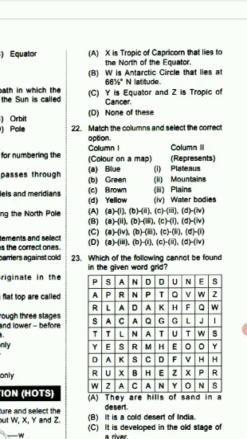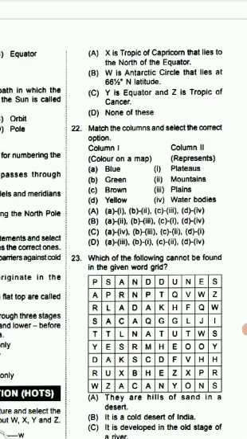Now there are 4 options and the correct option is C. That is A. Blue is water bodies, green is plains, brown is mountains, and yellow is plateaus.